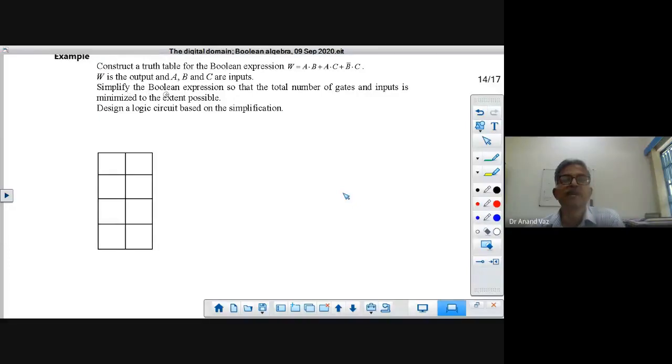We have been asked to simplify the Boolean expression so that the total number of gates and inputs is minimized to the extent possible, and also design a logic circuit based on the simplification.